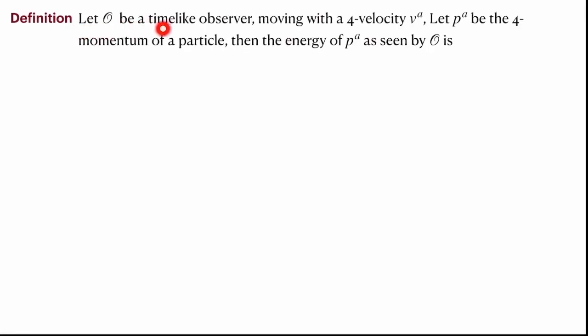Let's look at the definition. Let's consider a time-like observer who is moving with the 4 velocity V^a. Let p^a be the 4 momentum of a physical system or particle, then the energy corresponding to p^a as seen by O is given by E is equal to p_a V^a, the dot product which gives the energy.